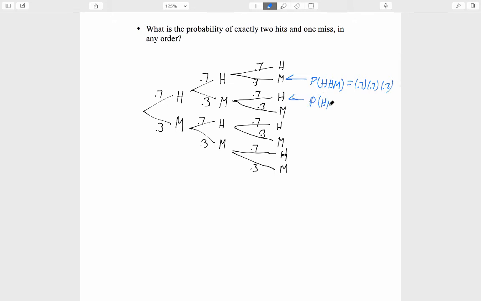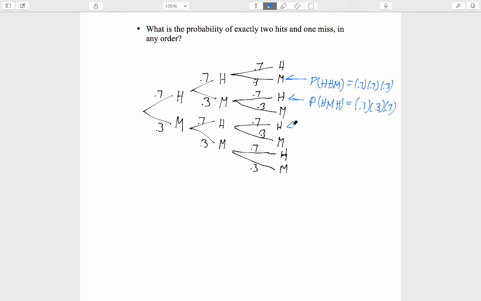We must consider the probability of hit, miss, hit, and that is 0.7 times 0.3 times 0.7, so following along the tree here, 70% of 30% of 70% of the time, you get specifically hit, miss, hit.